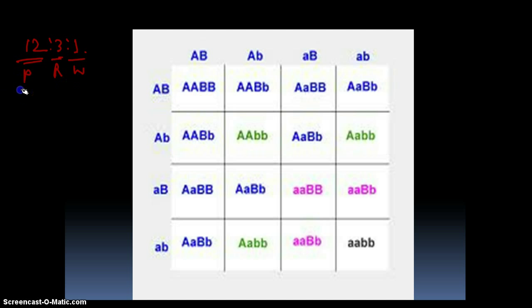This purple must have a capital A, as capital A is dominant over capital B and over small b as well. So we have to find where those capital A's are that will produce the purple color. Here is purple, purple, purple, purple, purple, purple.